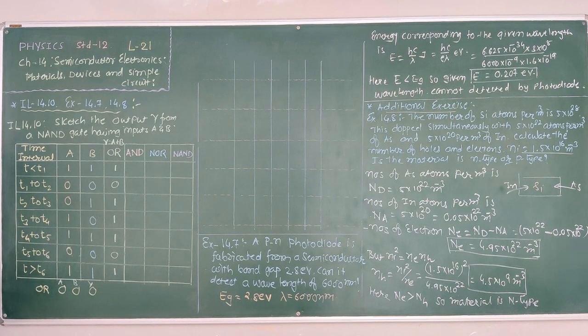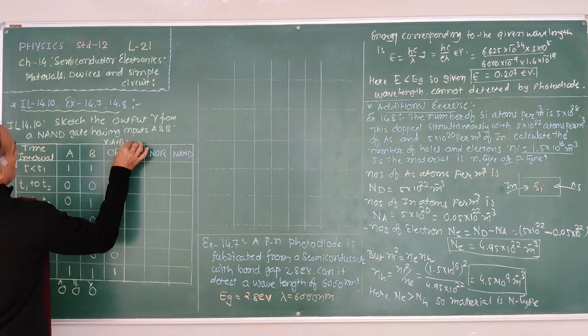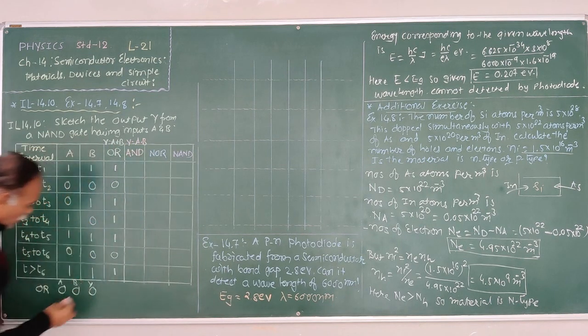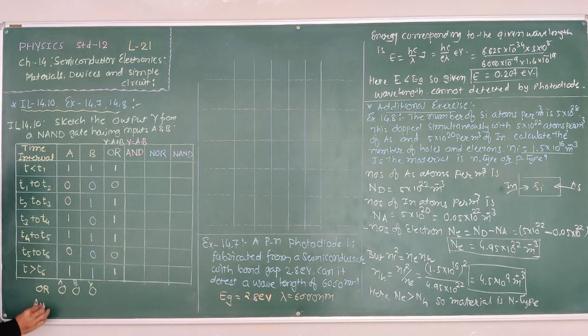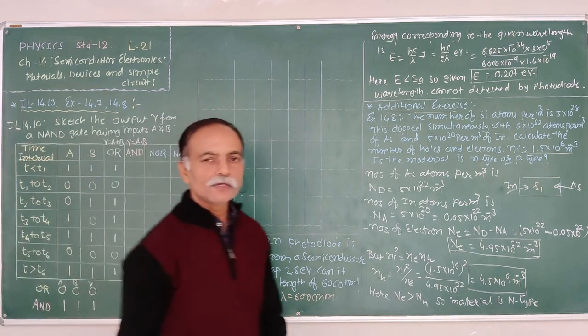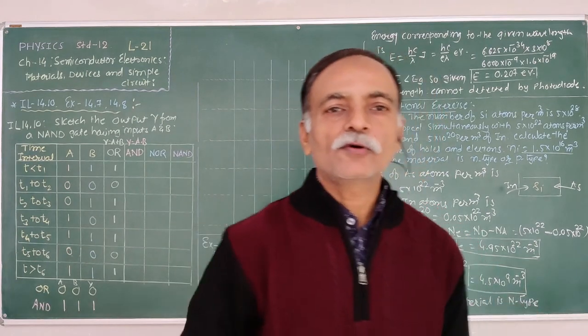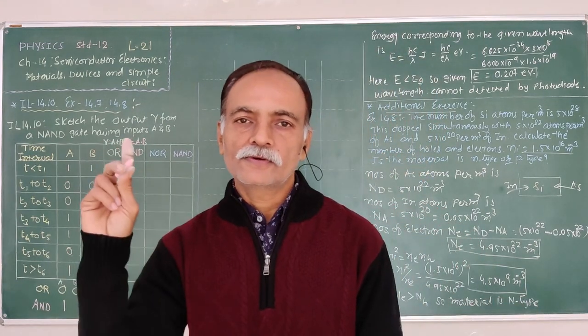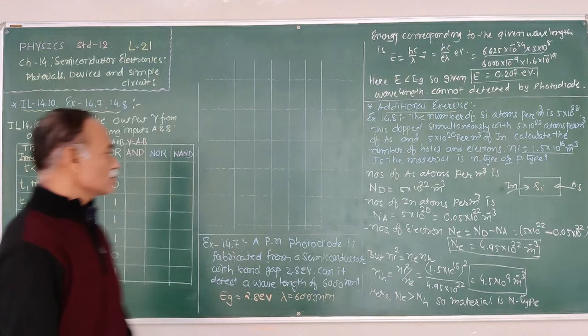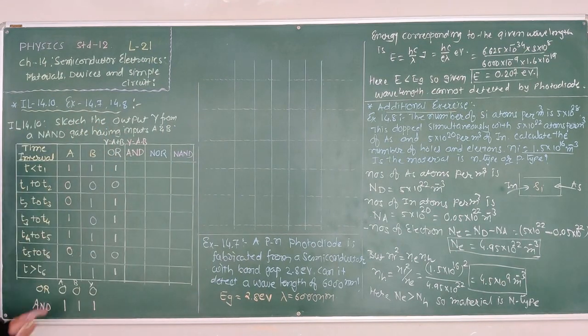Now next, the AND gate. For the AND gate, the Boolean expression is Y is equal to A dot B. We know for the AND gate, the output is 1 if both inputs are 1, otherwise 0. For the AND gate 1, 1, 1; for the OR gate 0, 0, 0. Right? Okay. So how do we prepare the truth table? If both inputs are 1, at that time the output is 1, otherwise 0.